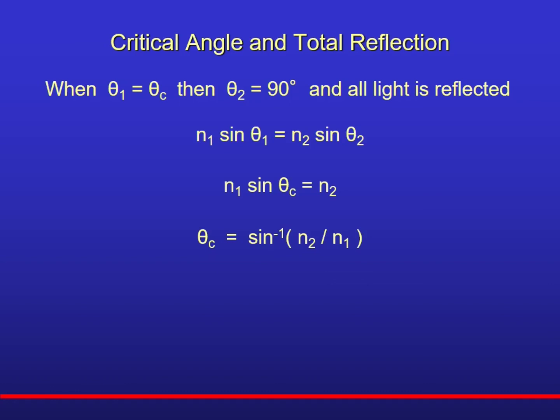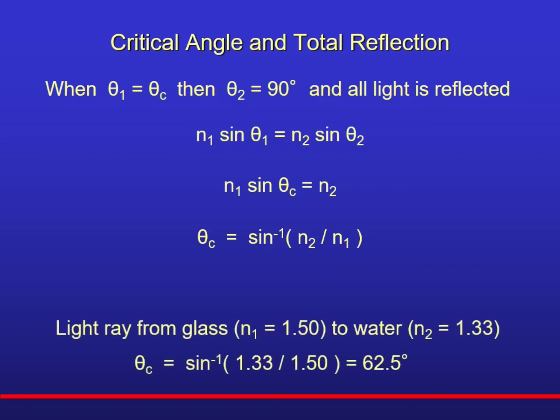Rearrange the equation to solve for the critical angle. Divide by N1, take the sine inverse: theta c equals sine inverse of N2 over N1.